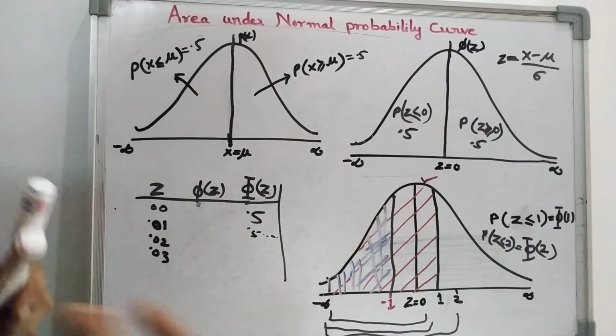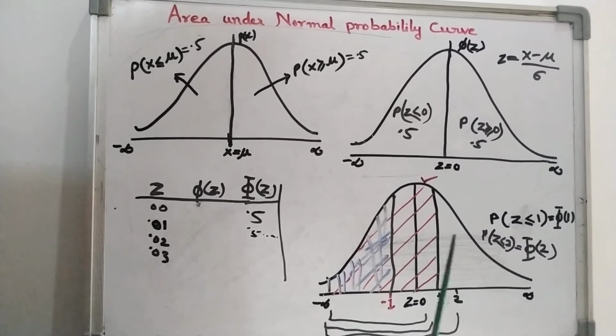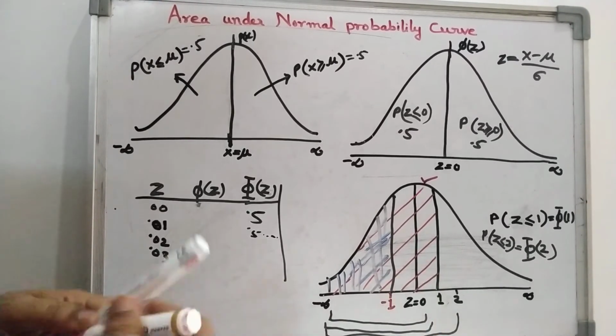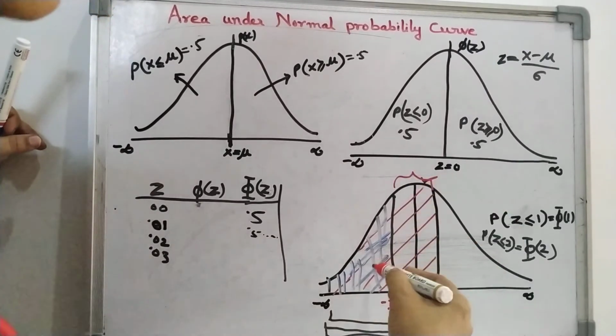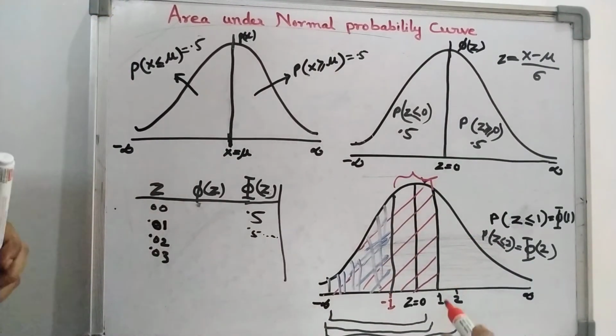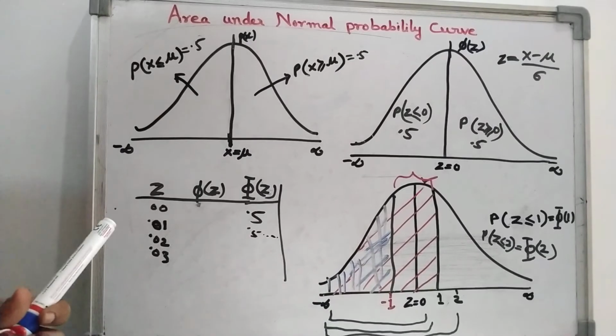Then you double it, since it is a symmetrical curve, and you get the area from here to here. Then you subtract it from 1 and you get the area of both tails. Then you divide it by 2 and you get the area of this one part.